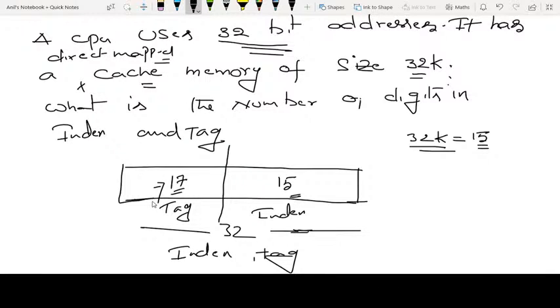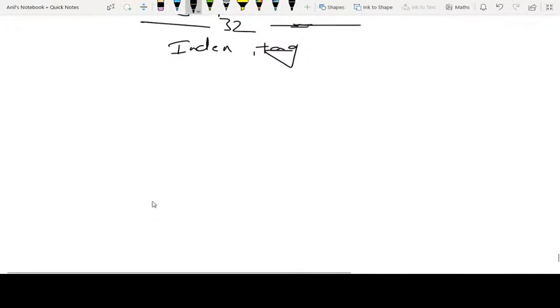Okay, so this is how you are going to divide index and tag whenever you are asked to divide index and tag in the direct mapping technique. Okay, now stay focused once again. There is something called set associative mapping also.